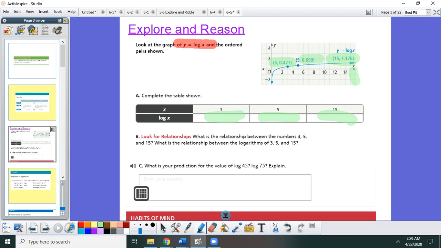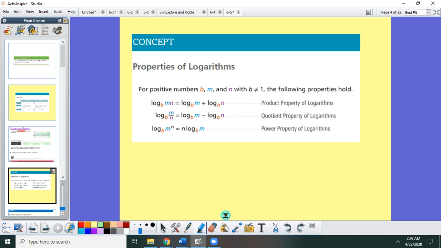What you're looking at is when you are adding, you'll just have to play around with those numbers a little bit, but you should see a pattern that you're like, that's interesting. And it will lead right to the product property of logarithms, that when we multiply m times n, that's the same as taking the value of log base b of m plus log base b of n.